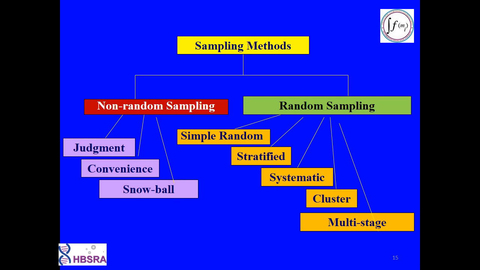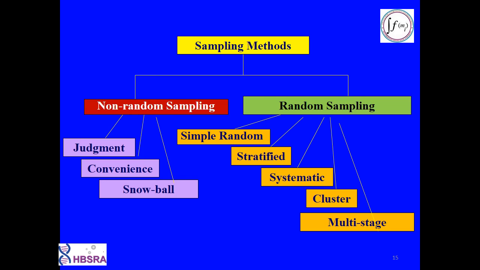Say for example, if you are conducting research regarding prostitution, you have no way of obtaining a sample of prostitutes. So you have to find one person and through her or him, you have to get the information of the others. In that kind of really sensitive area we use snowball sampling. Otherwise, we don't recommend it.